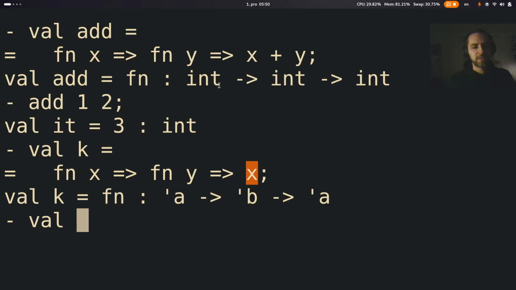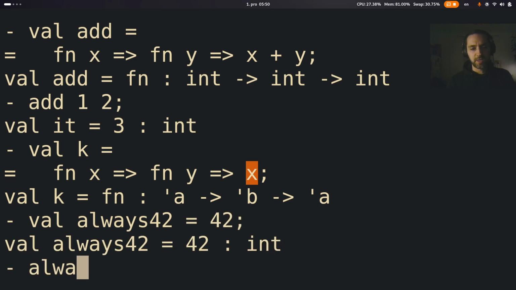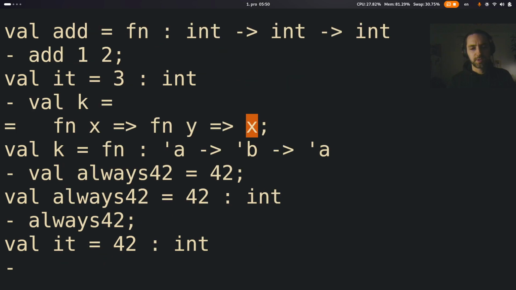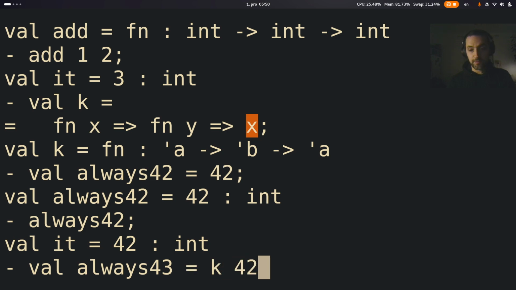Look at this. You could say always 42 equals 42, right? And we have always 42. But you could do well always 43, let's call it, equals k 43.